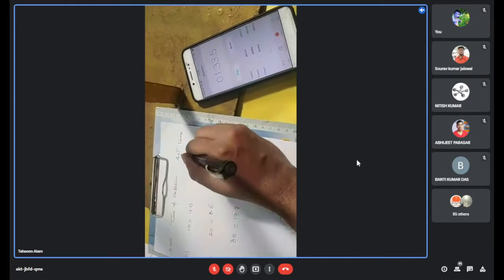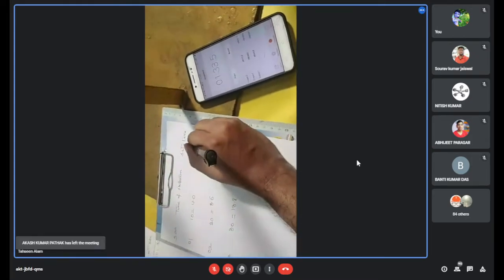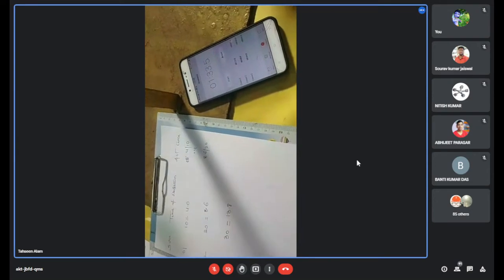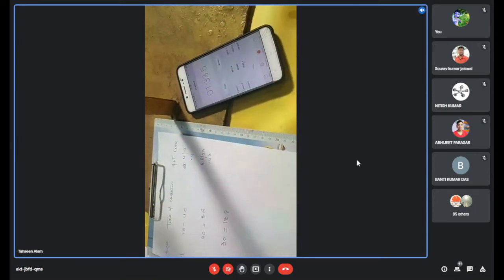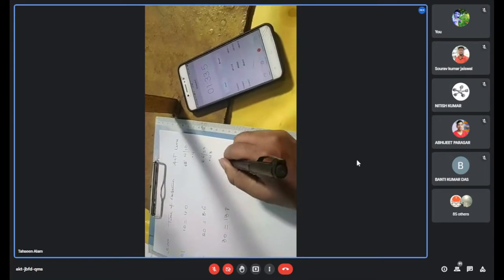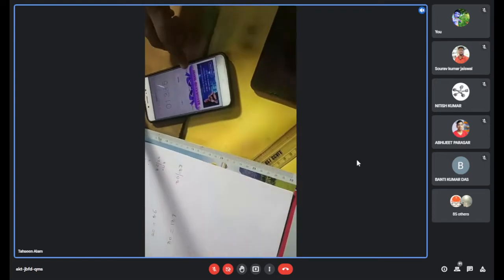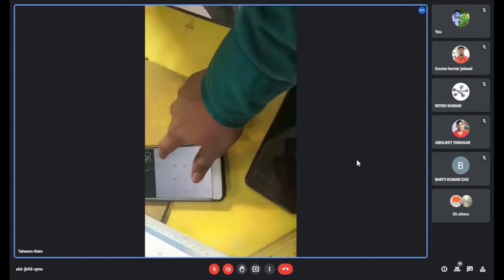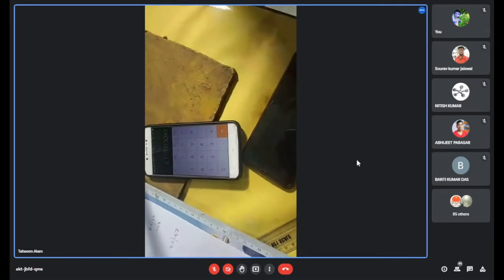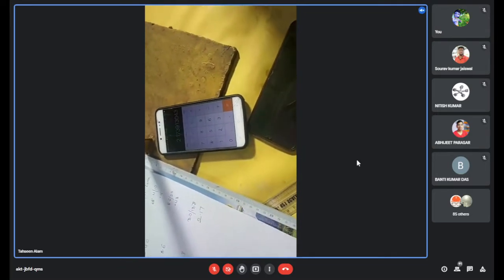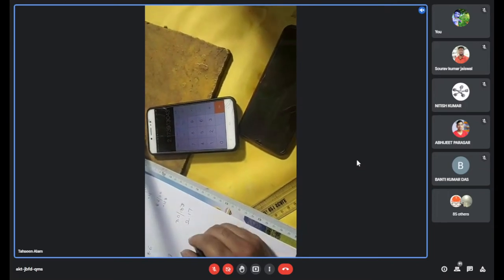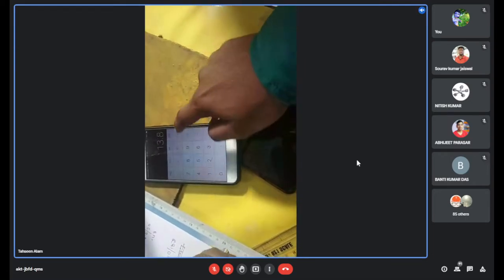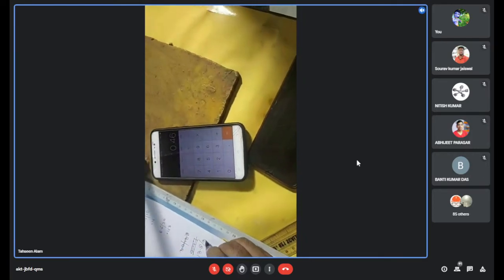So the average will be 4 by 10, 0.4. For 20, 4.3, that is 0.43. For 30, 13.8 upon 30, so 0.46.